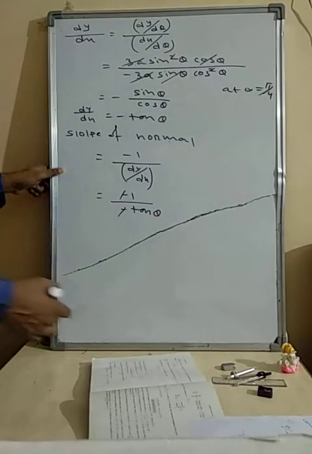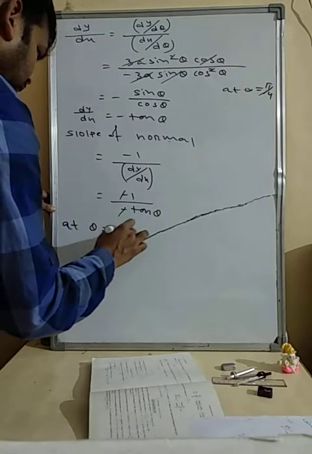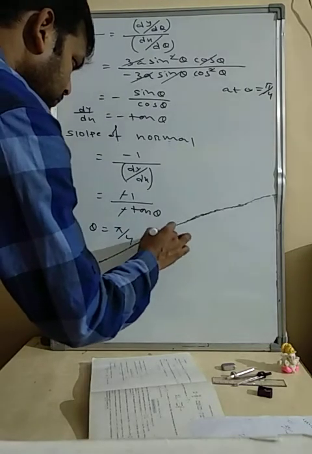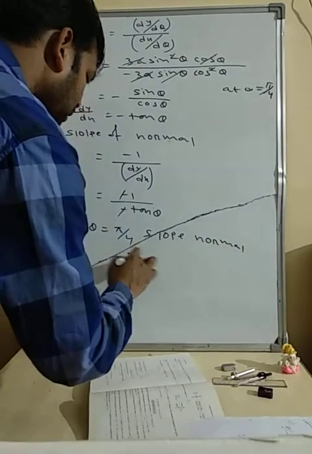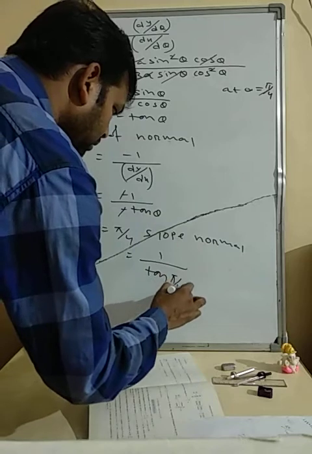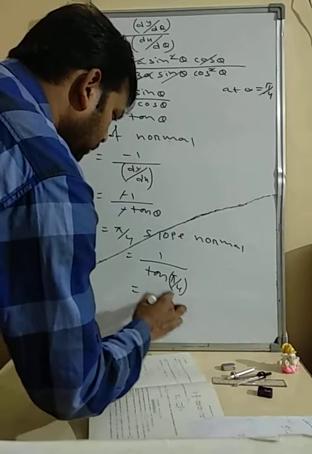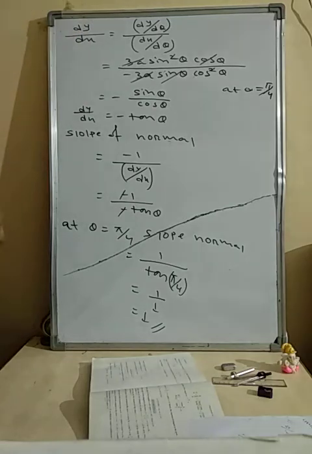So put theta equal to pi by 4. At theta equal to pi by 4, slope of normal equals 1 by tan, in place of theta pi by 4. The value of tan 45 is 1, so 1 by 1 equals 1. This is the answer.